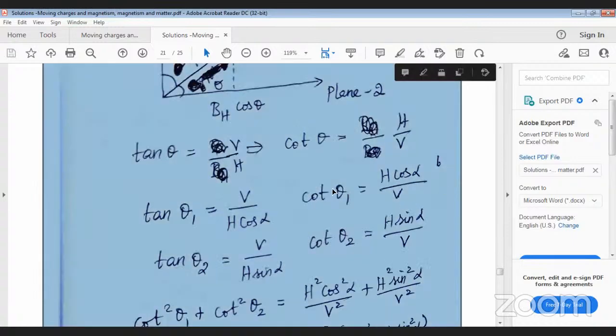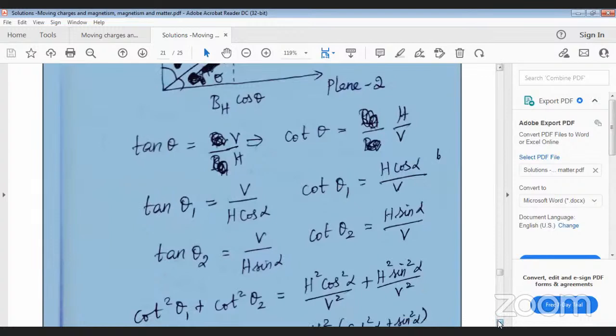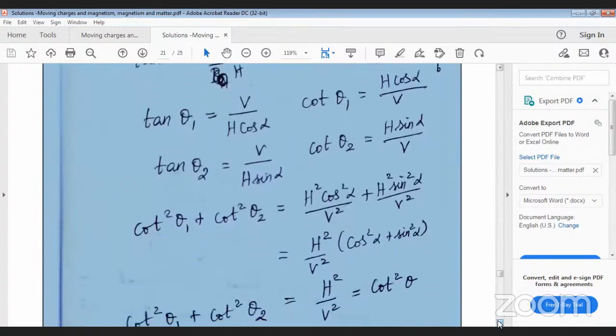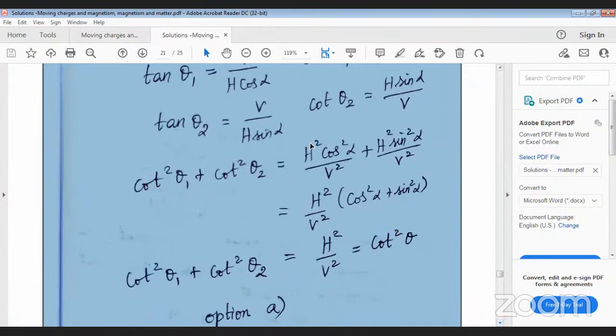So you have to square both these terms and then add them. Cot squared theta 1 plus cot squared theta 2 will be H squared cos squared alpha by V squared plus H squared sin squared alpha by V squared. Then you have to take H squared by V squared as common. Within the bracket you take cos squared alpha plus sin squared alpha, which is actually 1.